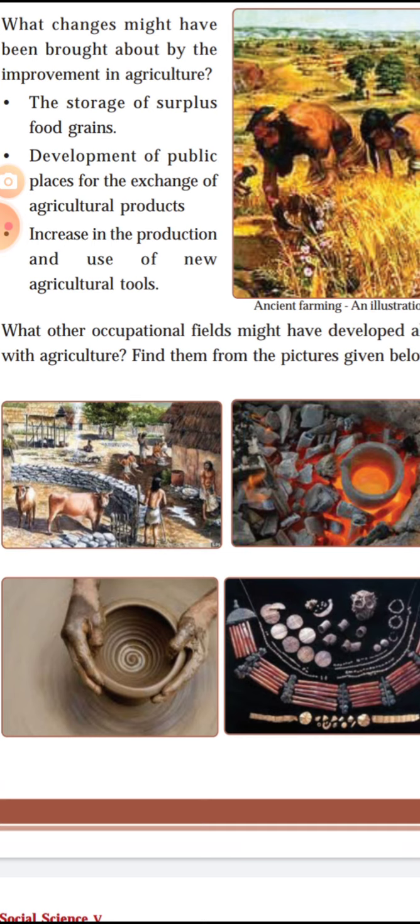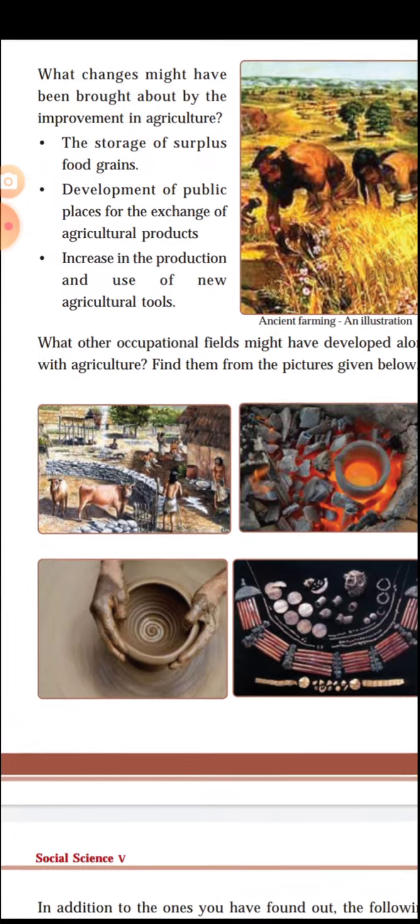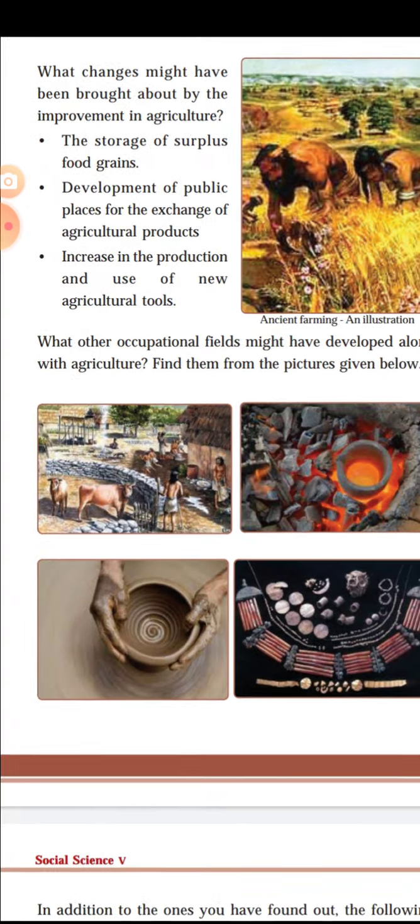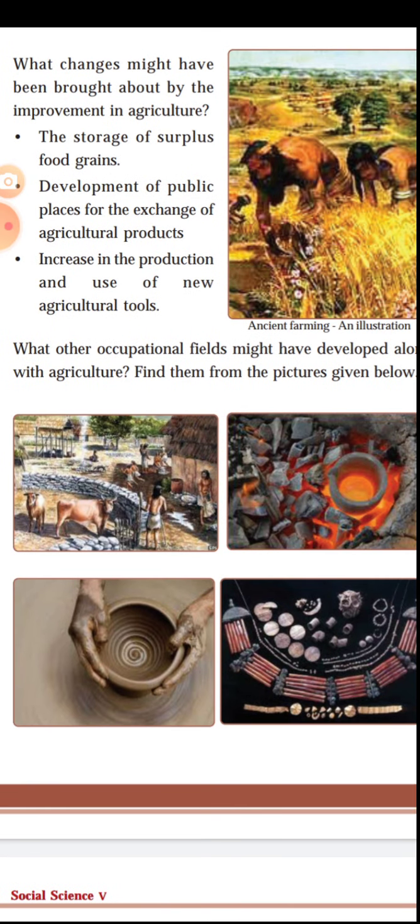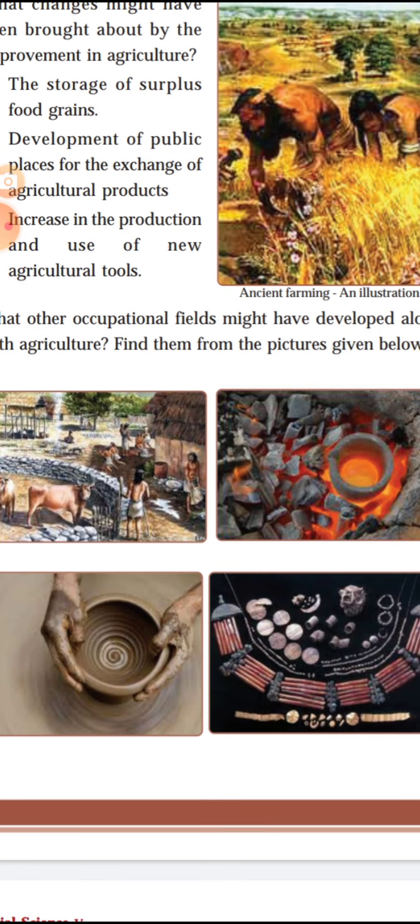They developed a lot of occupations also. Besides this agricultural field, they developed more and more occupations. And look at the picture, and can you name these occupations from the picture? Pot making, cattle rearing, or they began to make ornaments.